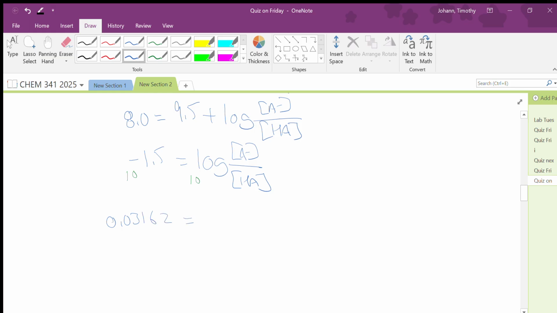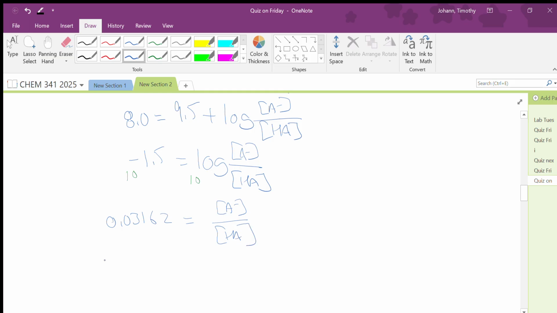I'll just keep a bunch of significant figures right now, but really we're not going to worry too much about it. Logs are fun in that you lose significant figures, right? You don't keep all of them. And then taking 10 to the log gets rid of the log, and that's going to tell me what my ratio of A minus over HA is.